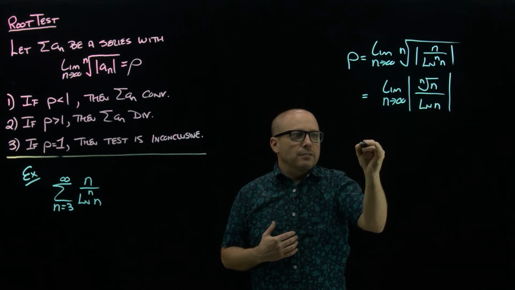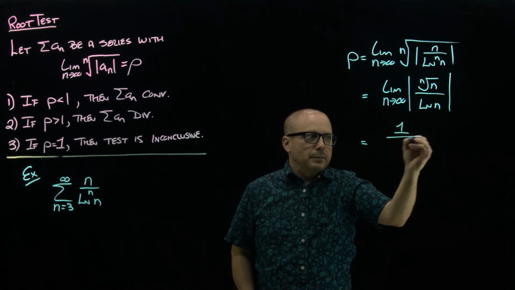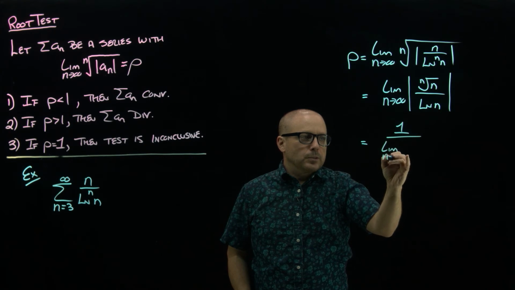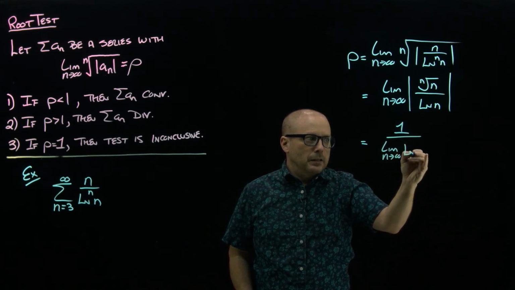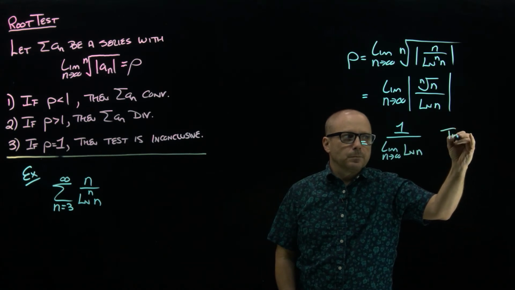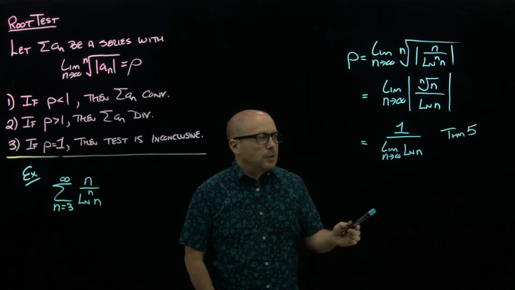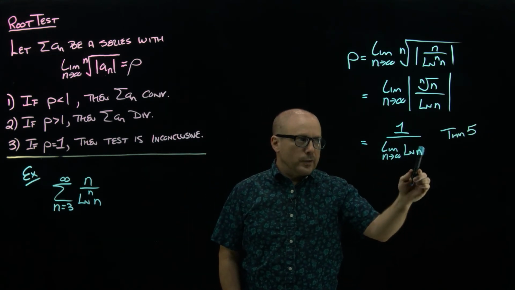But I could actually evaluate the top. We know from theorem 5 that that top limit is 1. So we'll just evaluate that. So that's by theorem 5. And we know natural log grows without bounds, so this is going to infinity.